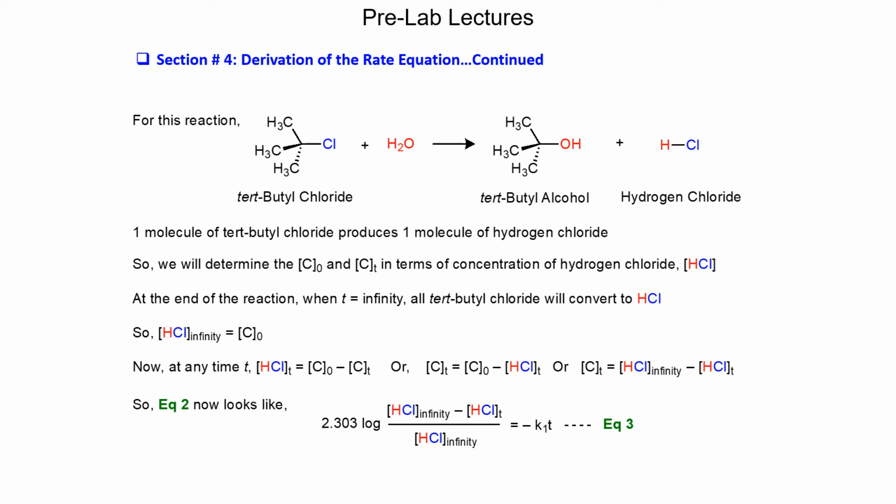Because C0, the initial concentration, equals the final concentration of hydrogen chloride, when we substitute this into our second equation, we can then find the third equation just like this.